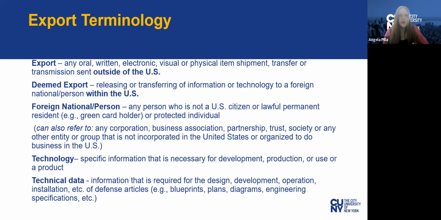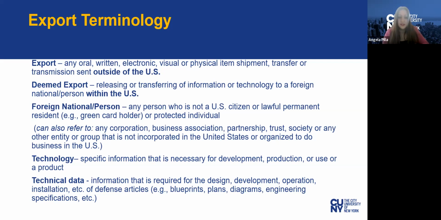A foreign national or a foreign person is any person that is not a US citizen or a lawful permanent resident, green card holder, or someone that has a protected individual status. That can also mean foreign governments, foreign institutions, research organizations that are not set up to do business in the United States. Technology and technical data are similar terms.